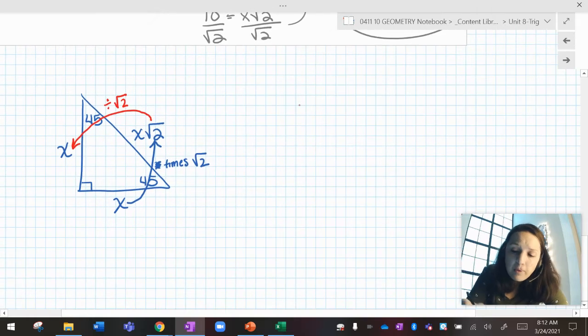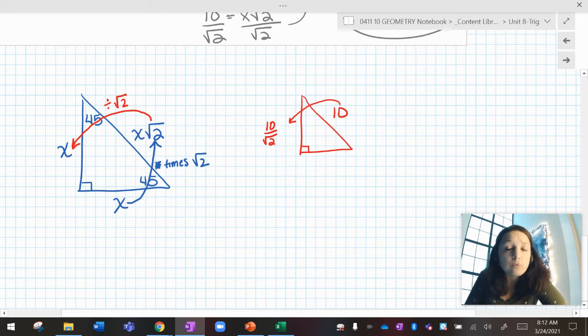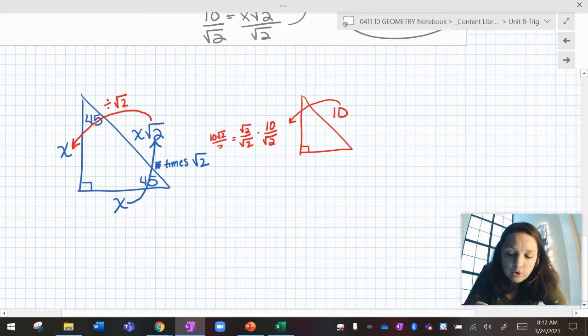So in the problem that we just did, I have a 10 here. So if I want to go from 10 back to the leg, I do 10 divided by root 2, which is an okay answer, but we're not supposed to leave the radical on the bottom. So once we simplify it, that's how we ended up with 10 root 2 over 2, which was 5 root 2.